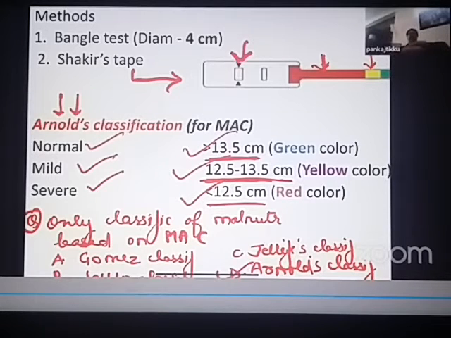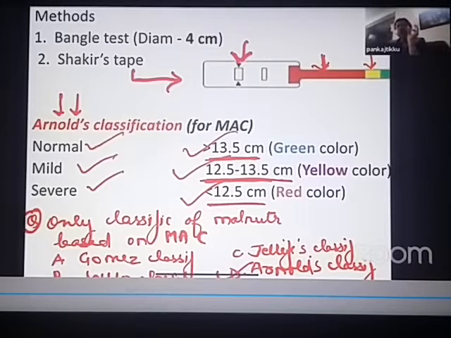So just wrap this tape around the arm. If the arrow comes to lie on the red color, that means the mid-arm circumference is less than 12.5 centimeters. If the arrow comes to lie on the yellow color, that means the mid-arm circumference is between 12.5 to 13.5 centimeters. And if the arrow comes to lie on the green color, more than 13.5 centimeters.